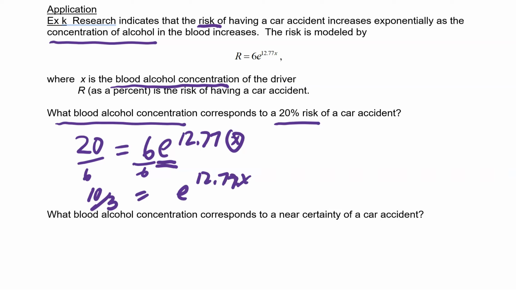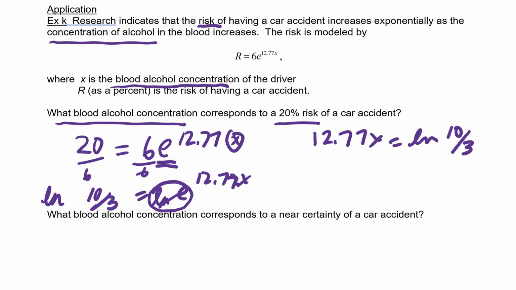Now if I want to eliminate that base, I'll need to take the natural log of both sides, natural log on the left, natural log on the right, and remember, natural log and e to the power are inverses, so those will disappear. And I just get then that 12.77x, which is on the right, is equal to natural log of 10/3.